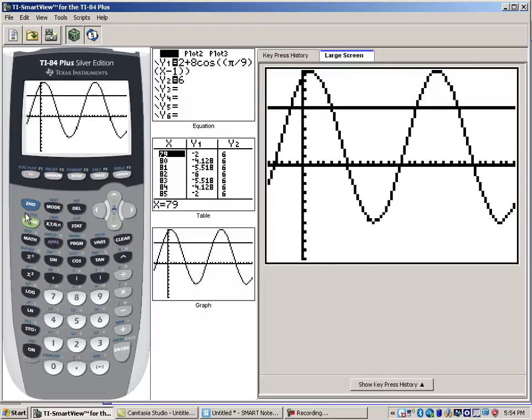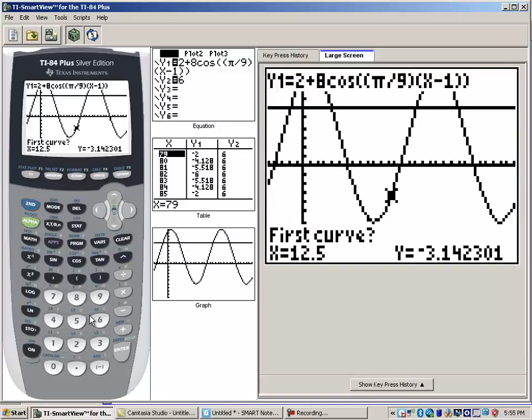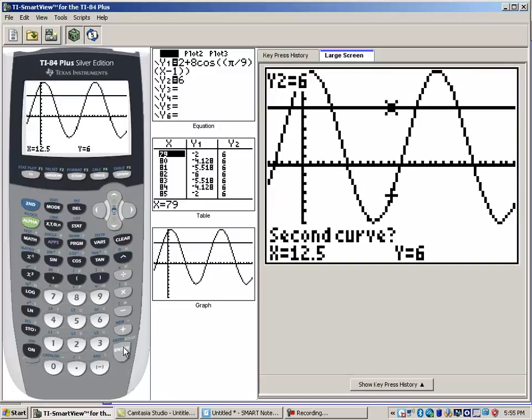Alright, so I'm going to do second trace, number 5, first curve, second curve, and then we want to get our cursor close to this very first intersection. And it works out to be, looky there, x equals 4.